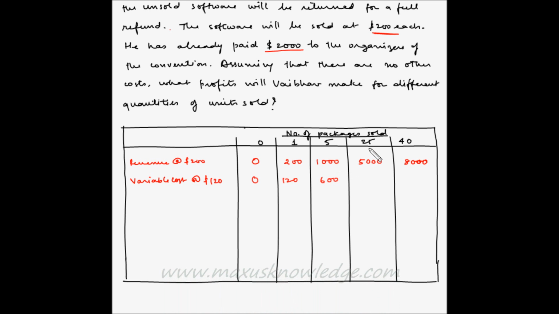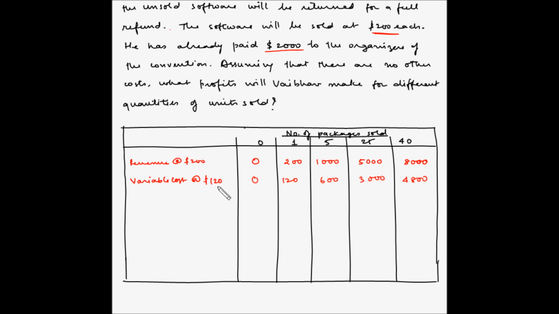For 25 the cost will be 120 multiplied by 25. So 12 multiplied by 25 is 300 and then one more 0. So this is 3000. And for 40, 12 multiplied by 4 is 48. So 4800. So for all these different quantities we have the revenue as well as the variable cost.